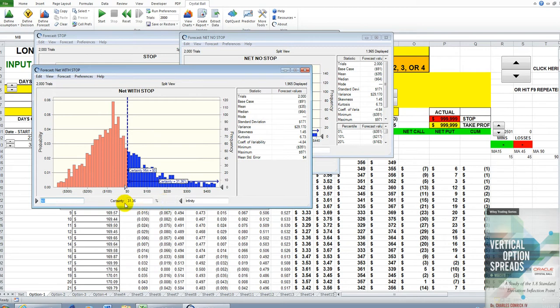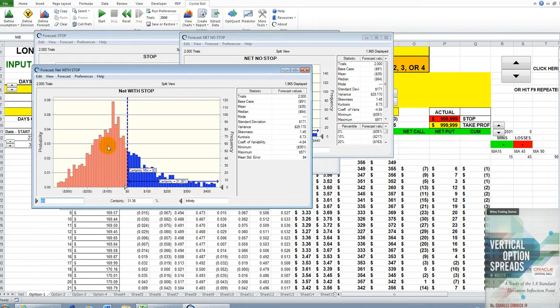You'll notice here on the net with stop, which is what I really look for, Crystal Ball from 0 break even to infinity is telling us that we've got about a 31% chance of finishing in the money. A 31% chance of finishing in the money. That's whatever is colored in dark blue.